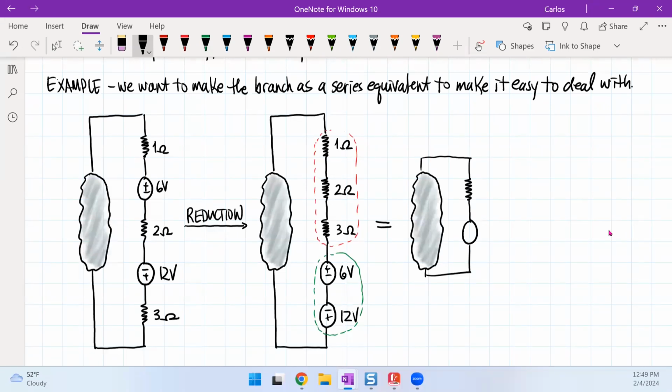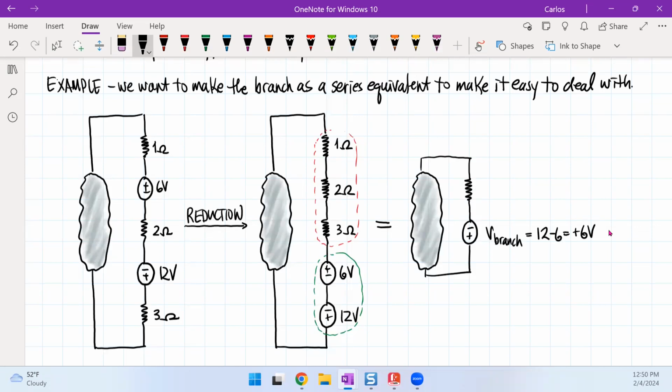And when I see this, I could see that V branch here, look at the sign here, the 12 volt is bigger. So then I'm going to change my polarity to be for the 12 volt. So this is going to be positive 12 minus 6. So I'm going to say this is 6 volts. Therefore, the polarity of this voltage then goes like that.